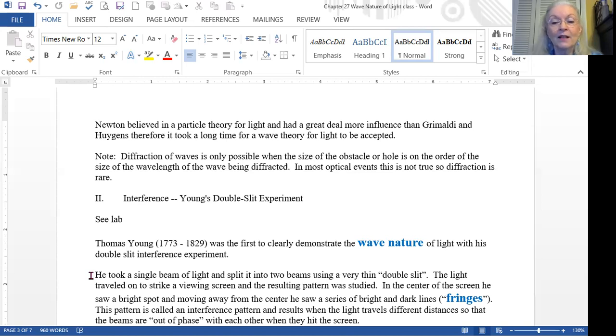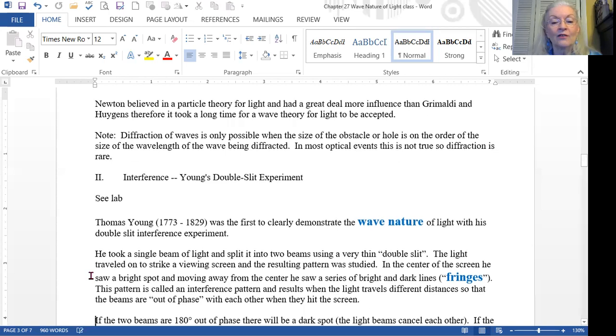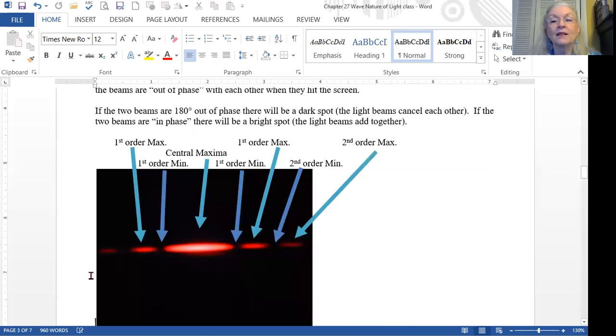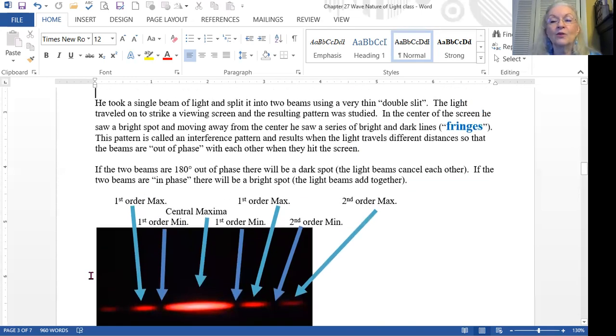Instead of two bright spots, he got a series of bright spots separated by dark bands. We call these fringes. And they indicate that the light has undergone an interference pattern, that some of the light has added to produce bright spots and some has canceled out to produce dark spots.